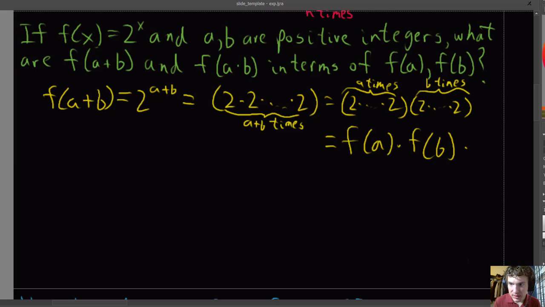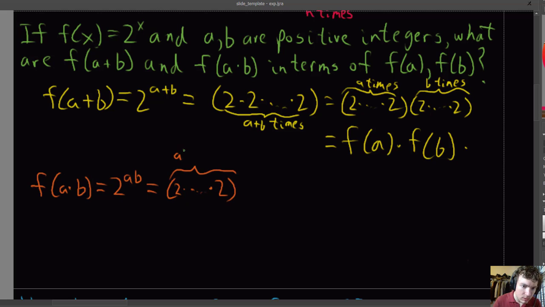So now let's think about the second question. What is f of a times b? Well, this is going to be 2 to the power ab, which is 2 times itself for a total of ab times.